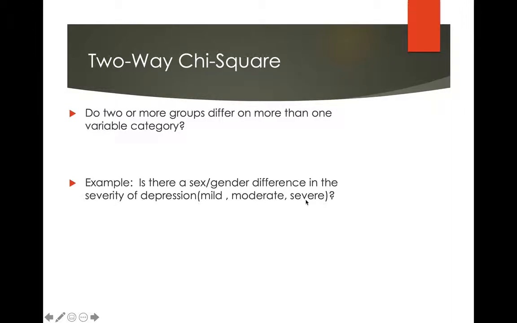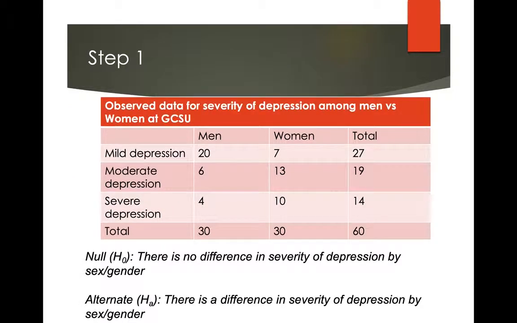This is what it looks like in a contingency table. In my contingency table, again, for my columns, I have men and women, and I have 20 men that are mildly depressed, 6 men who are moderately depressed, and 4 men who are severely depressed.